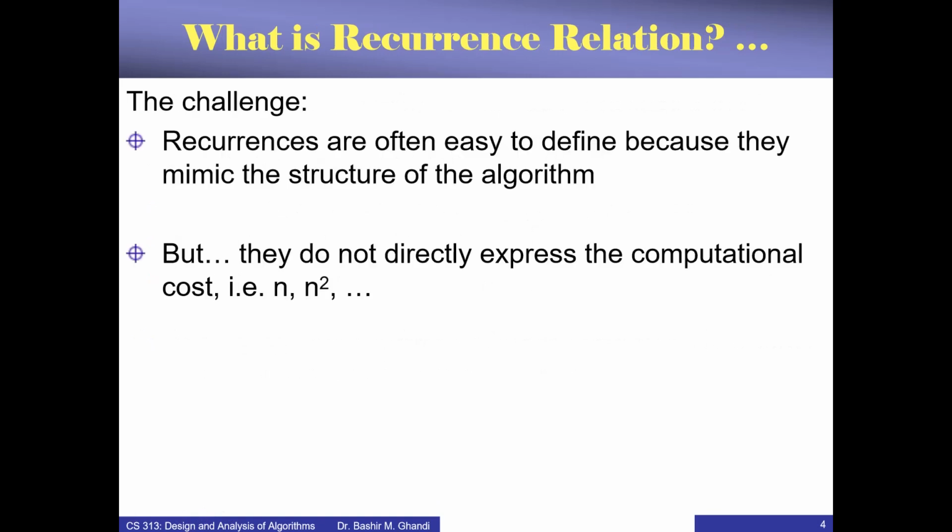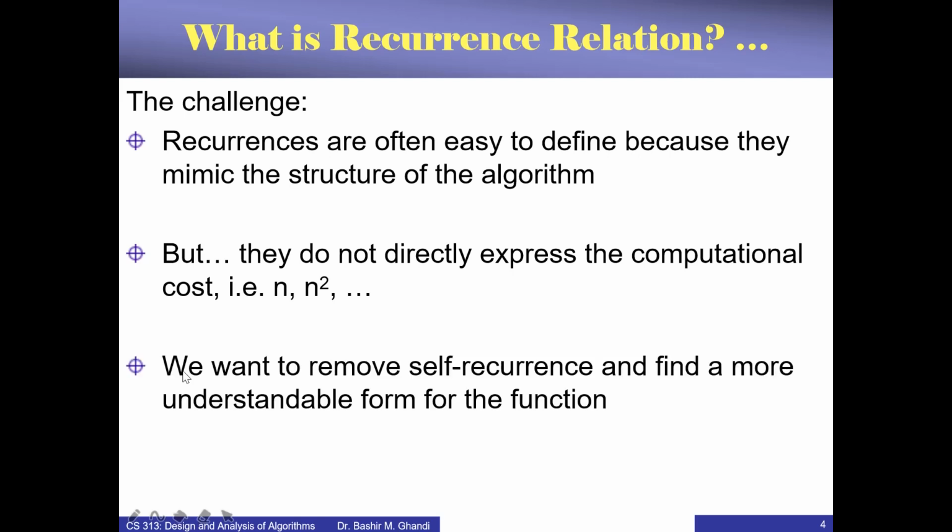This is basically the challenge, or what we are trying to achieve with solving recurrence relations. So we want to remove the self-recurrence and find a more understandable form of the function, purely in terms of the input size: n squared, n cubed, n log n, and so on, but without T appearing on the right hand side.